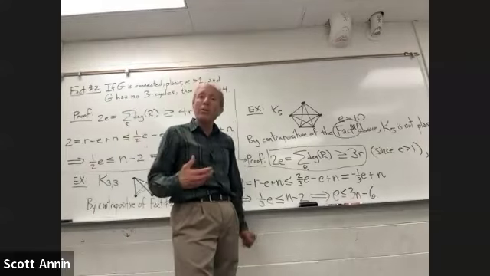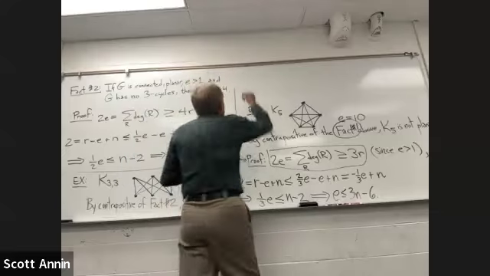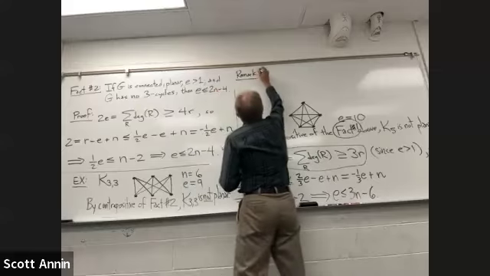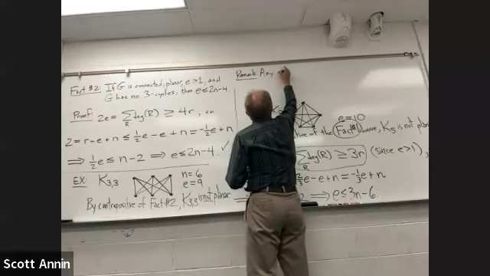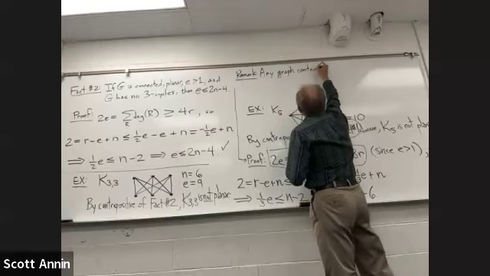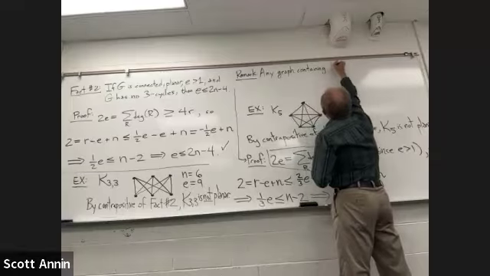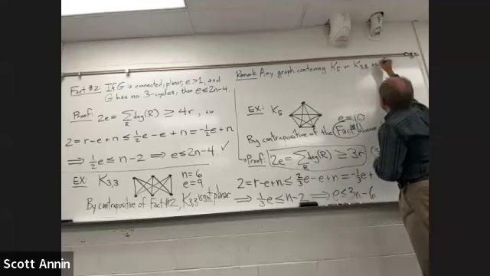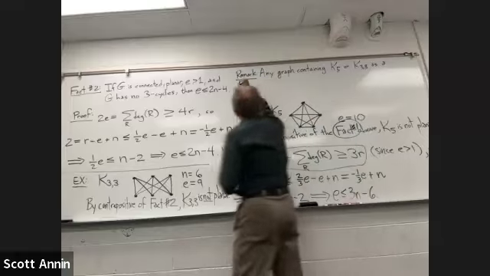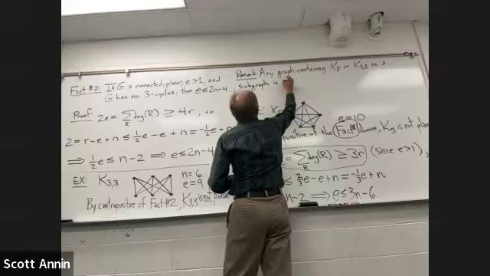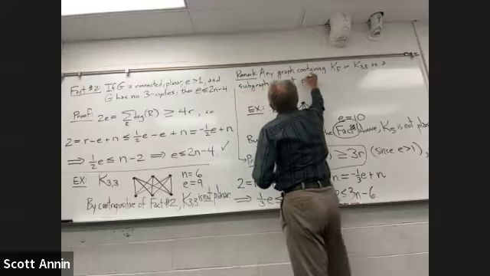You won't be able to remove those crossings. So just as a remark, any graph containing K5 or K33 as a subgraph is not planar.